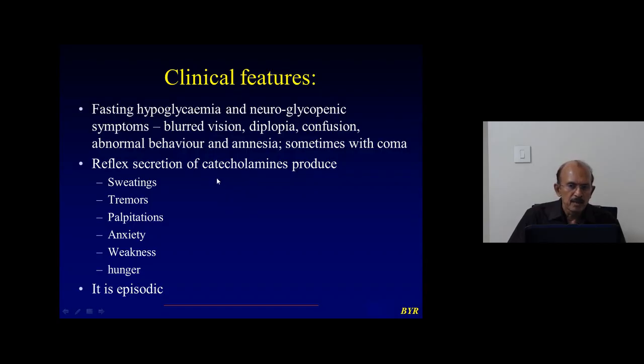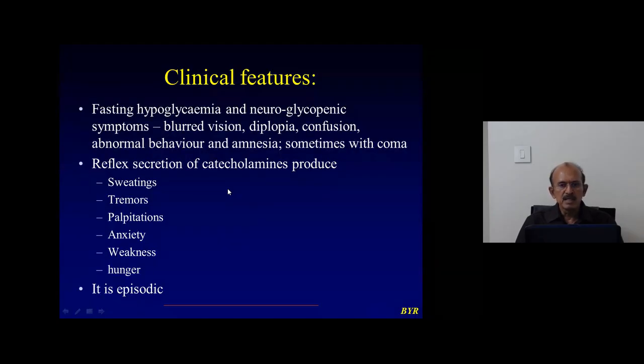So the adrenergic hormones immediately respond to this hypoglycemia because they can produce glucose in the body by neoglycogenesis. They break down glycogen, fat, and proteins to liberate glucose. So that's why catecholamines are produced as a reflex action.